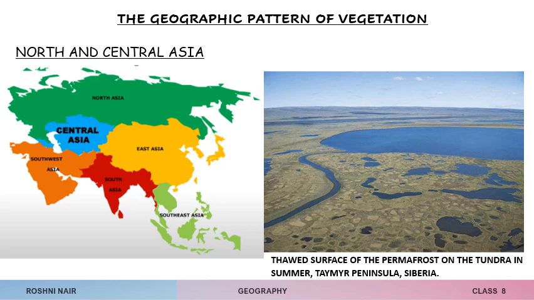The broad-leaved deciduous forest of western Siberia also does not extend east of the Yangtze, where it gives way to the coniferous forest of central Siberia, but it reappears in eastern Siberia.